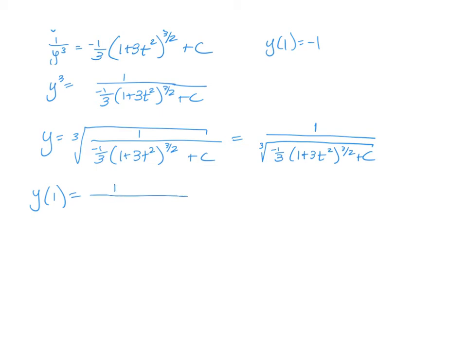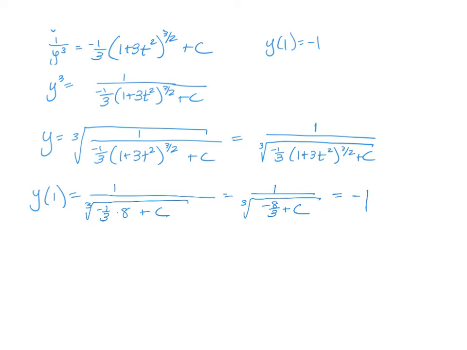So I have 1 over the cube root. So 3 times 1 squared is 3, plus 1 is 4. The square root of 4 is 2. 2 cubed is 8, so I have negative 1/3 times 8 plus c, which would be 1 over the cube root of negative 8/3 plus c, and that's supposed to be negative 1.